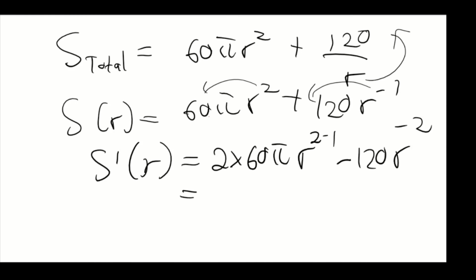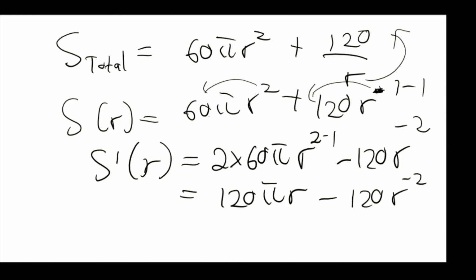So our derivative is going to give us 120 pi r to the power of 1 minus 120 r to the power of minus 2, because minus 1 minus 1 gives us minus 2.